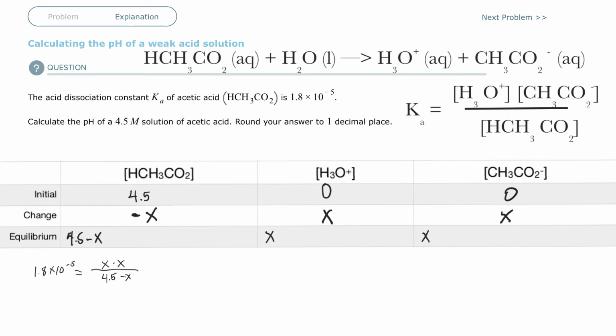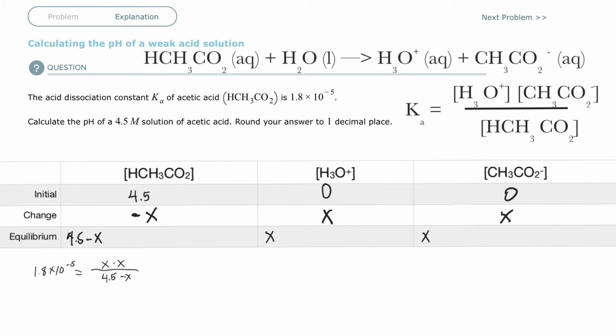A weak acid means that the K sub A is going to be very, very small, like something to the -5 or something to the -9. Rounded, it would essentially be nothing. It's just tiny. So I'm just going to fudge this.